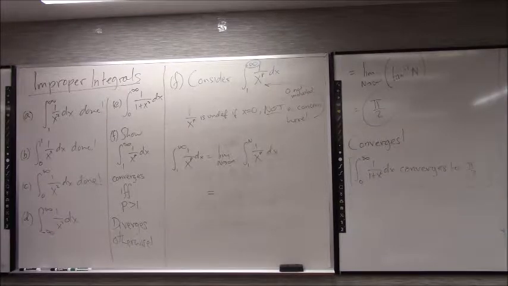So you have negative 1 over x to the p minus 1. Oh, I suppose that only works for this one. Ideas, how do you do that integral? It could be x to the minus p plus 1 over minus p plus 1.